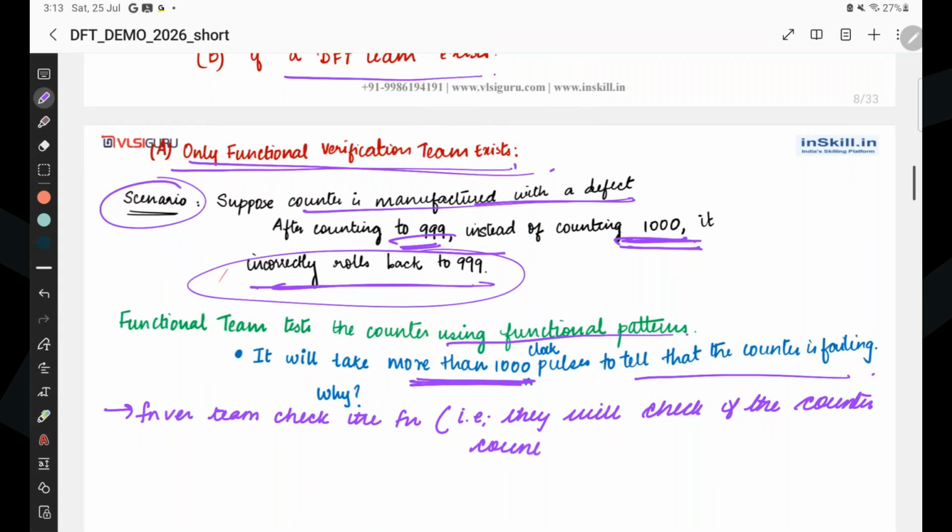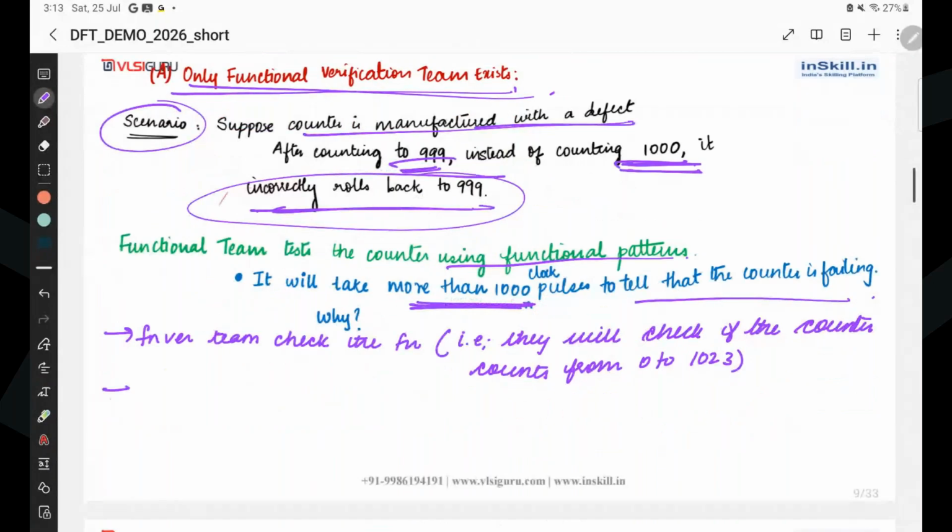Checking the functionality means they will check if the counter counts from 0 to 1023.